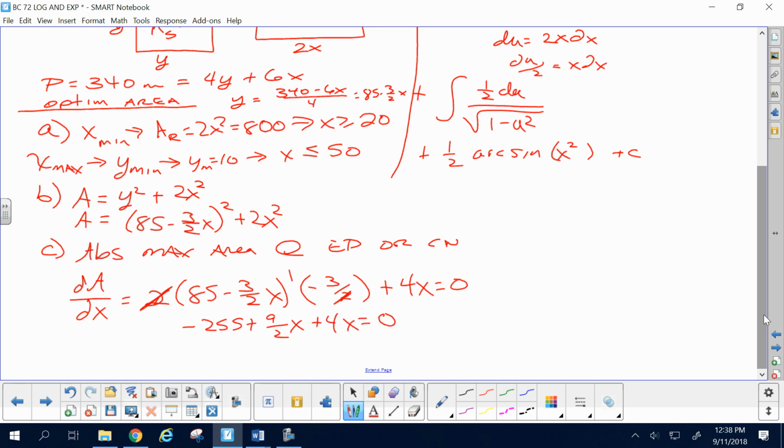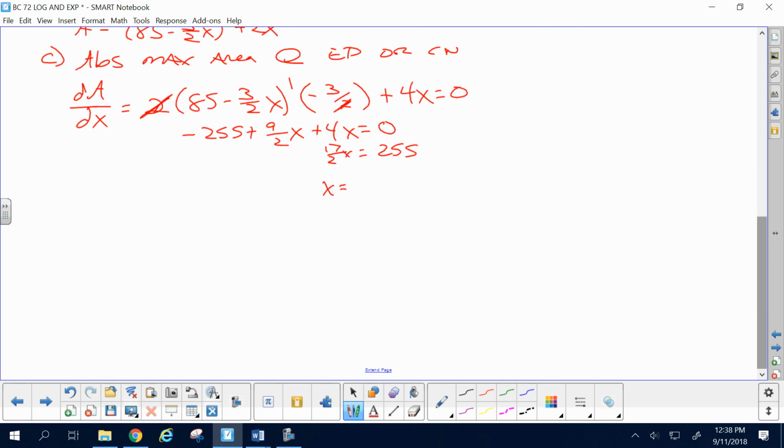Again, if you see a mistake I made, correct me. Okay, I feel like that's good. So 255, this is 8 halves plus 9 halves is 17 halves x. X is 255 times 2 over 17. Does 17 go into that evenly? I believe it does. Jackpot. 17 goes into 255, 15 times, so x equals 30 is a critical number.